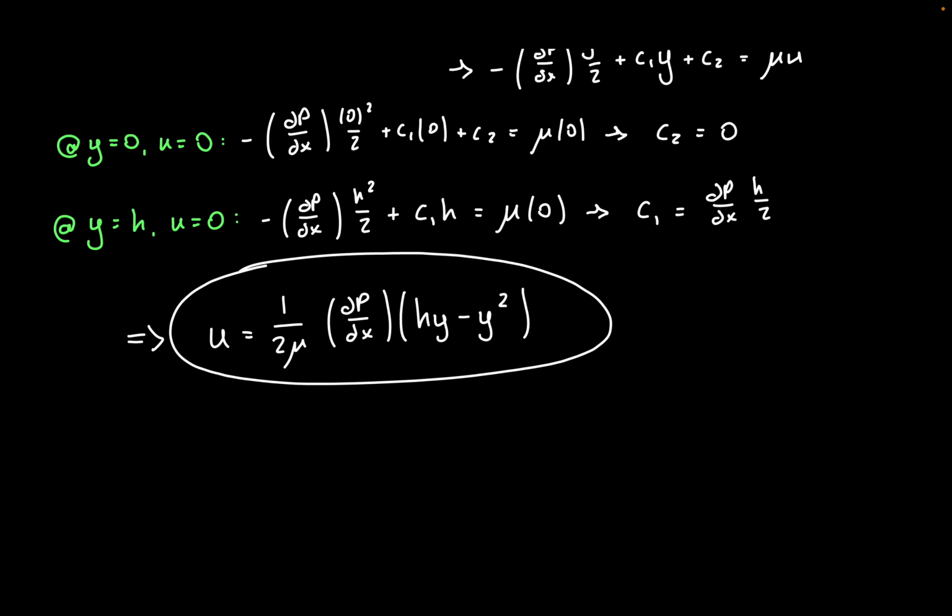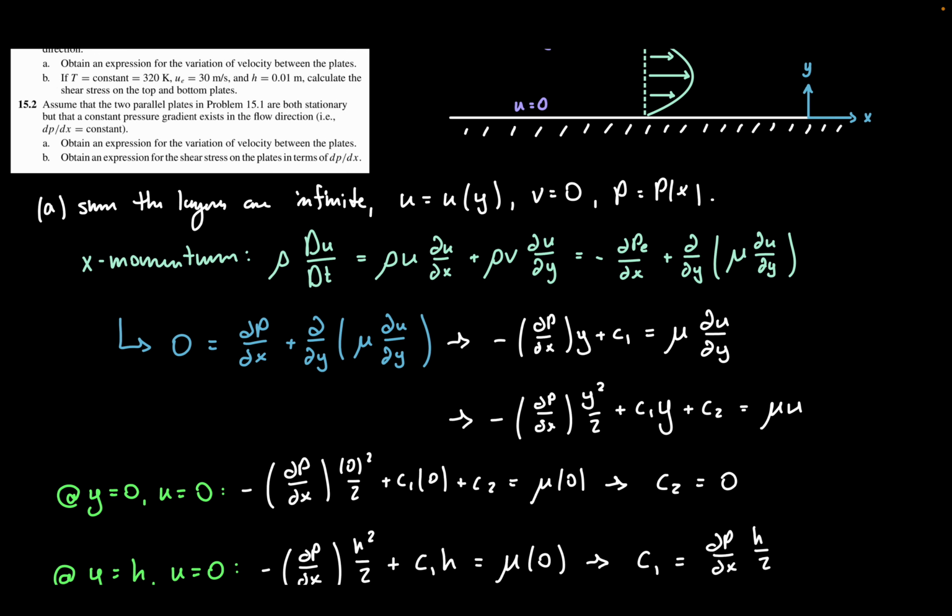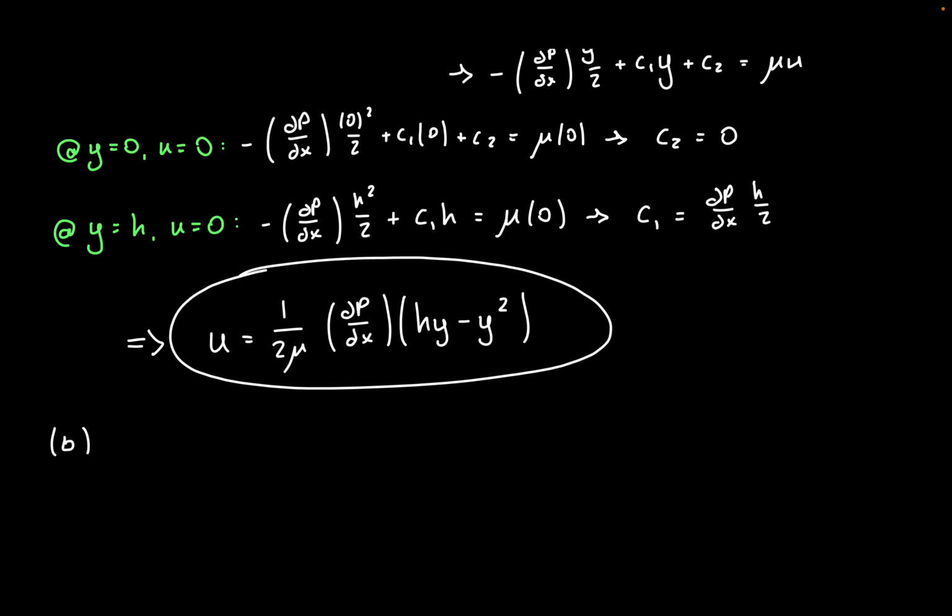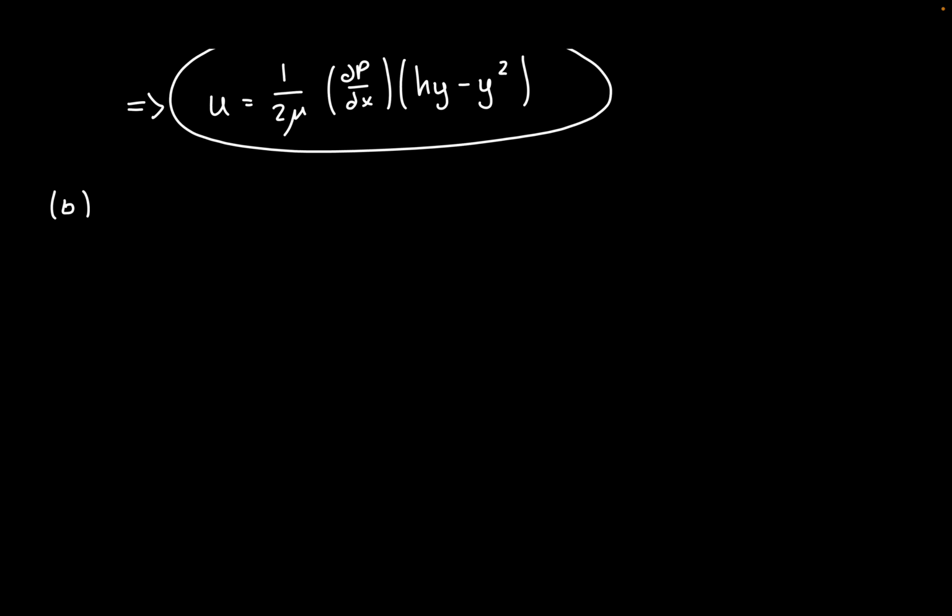So now for part B, what we can start out by doing is writing the equation for shear stress, because that is what we want to try to obtain. We want to attain the expression for shear stress on the plates in terms of dP dx. So what we can start out by writing is shear stress, denoted by tau, is going to be equal to the viscosity mu times du dy.